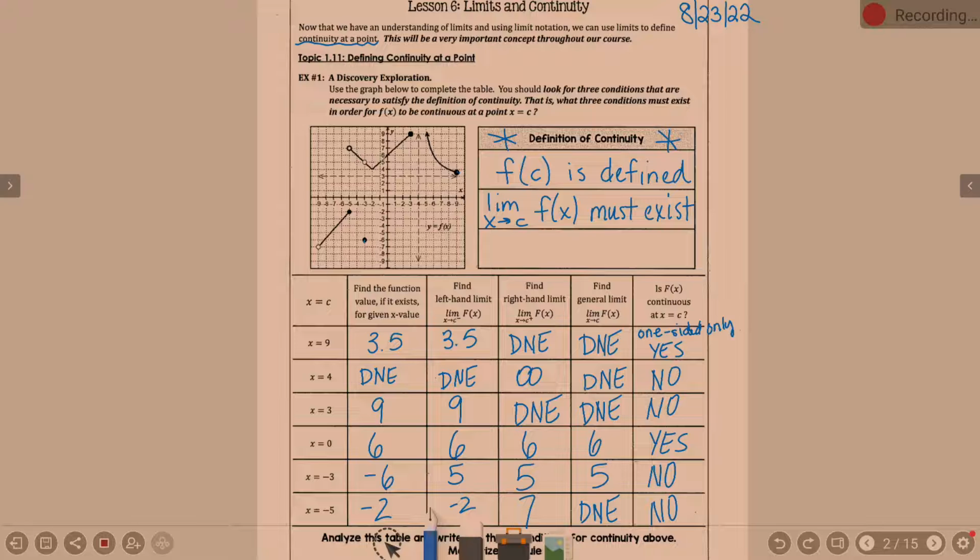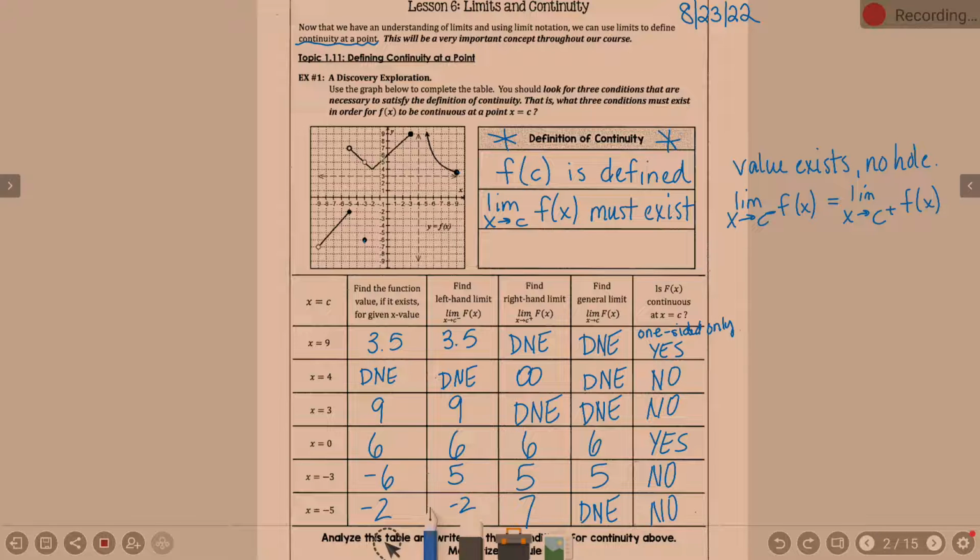And again, there's part of me that feels like the limit as x approaches c from the left needs to equal the limit as x approaches c from the right. Okay? And I'm just going to say up here, value exists. No hole.